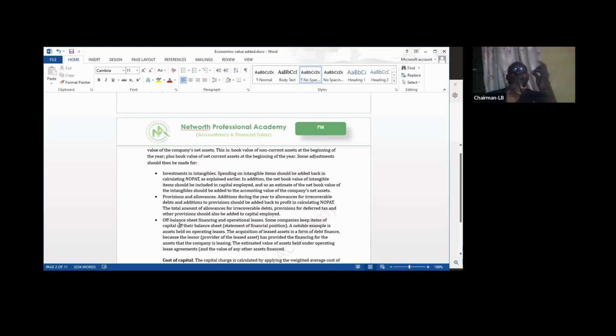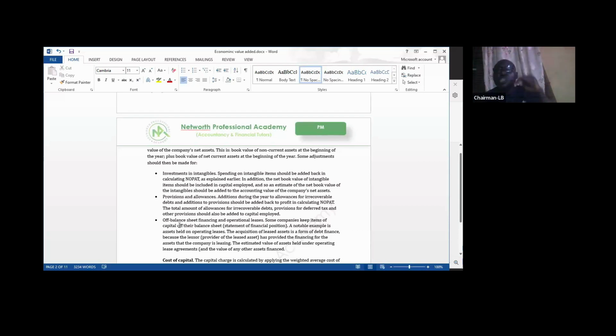Provision, is it provided for the first time? If it's provided for the first time, you are going to add back the whole provision for the full amount. Alternatively, it has been existing in previous periods.